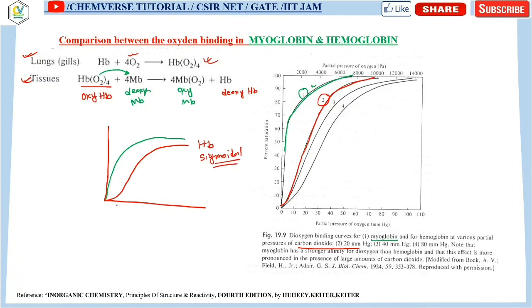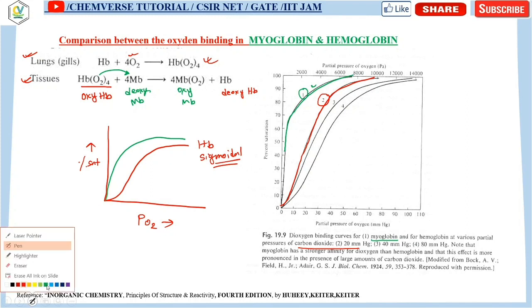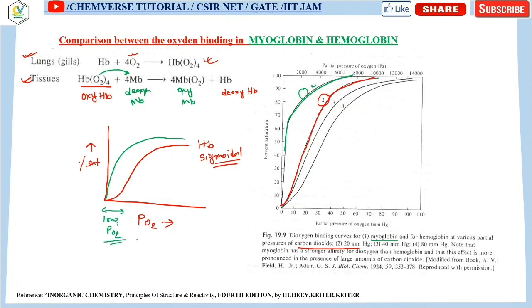On the x-axis it is the partial pressure of oxygen, and here is the percent saturation, oxygen saturation or oxygen binding. So from this curve, when the partial pressure of oxygen is low, this is the region where the low partial pressure of oxygen is present.